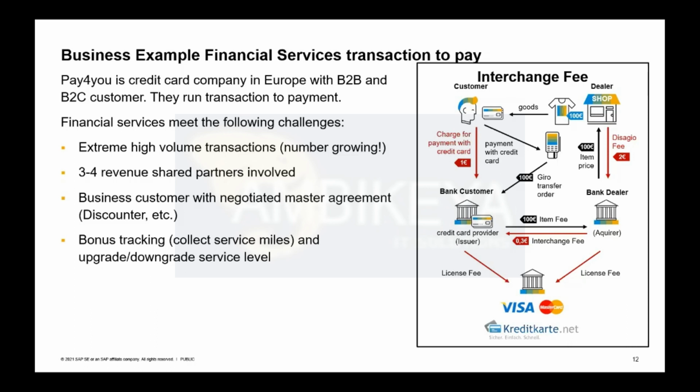The customer buys a good, he pays with a credit card, and then we have different transfers between the customer bank and the bank of the dealer, the license fees and the credit cards and so on. I think if you think about it, it's easy to understand that this is also a high volume and a very complex business.